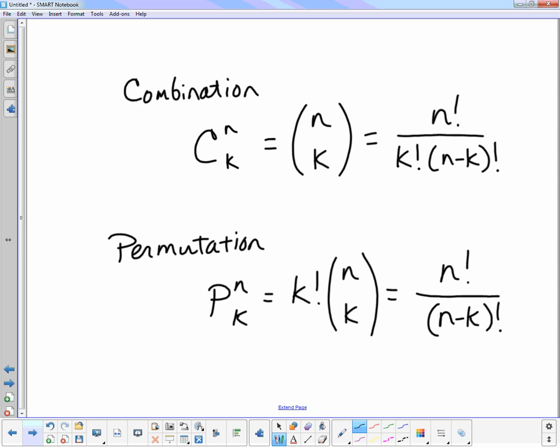I'm going to have larger numbers of things because now all of a sudden I can get another answer by just changing the order around. This one has a bigger denominator, which means its value is going to be smaller. There will be fewer combinations than permutations. Also, you can see that right here. We're multiplying by a number. It's a bigger number, okay? All right.